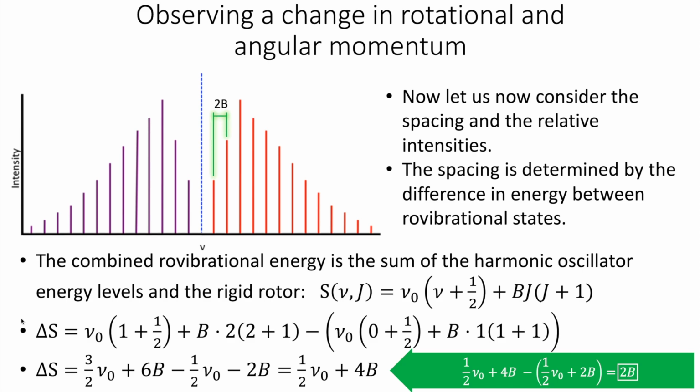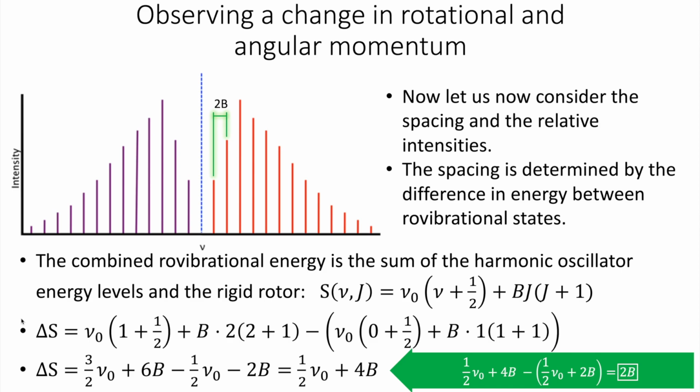So then we could label that. We could say that the spacing here is 2B. And it turns out that's actually the spacing for all of these peaks here. So for this theoretical model, it is a rotor where the coupling is not rigid, but instead is coupled with a harmonic oscillator, right?